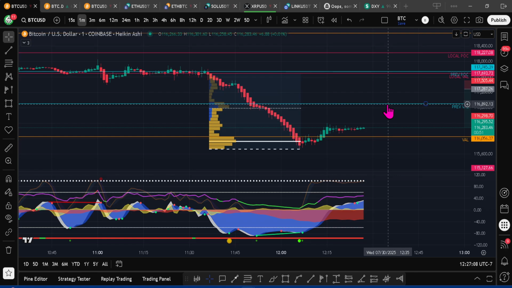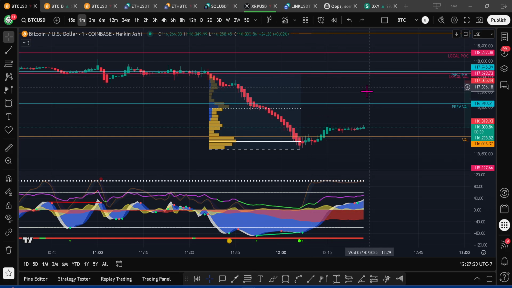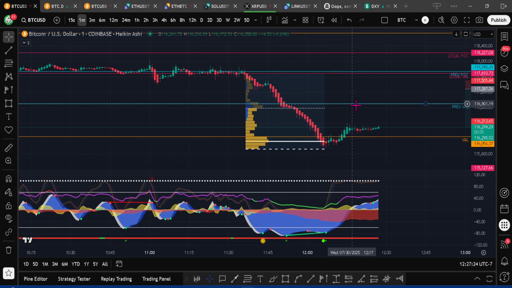We at least want to hit back to this value area high level here, the dotted lines, as a front run to the previous value area high, value area low. If we front run, hit here and then pull back, we could come all the way back down here before retesting a little bit higher.